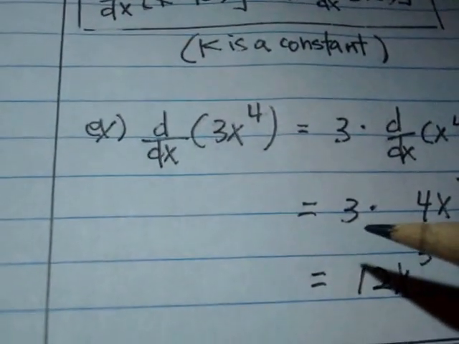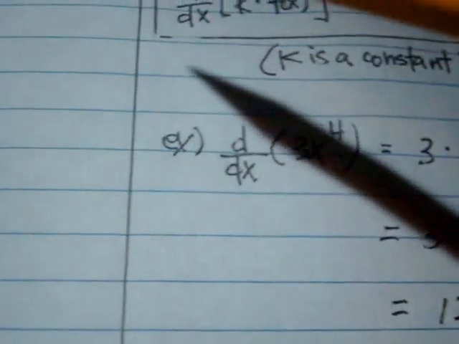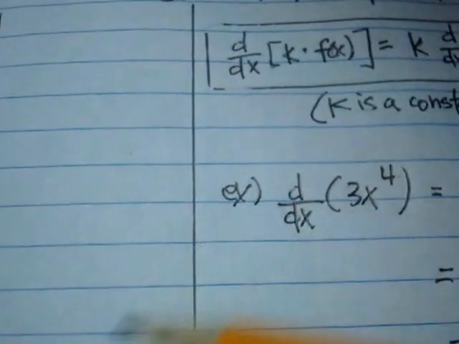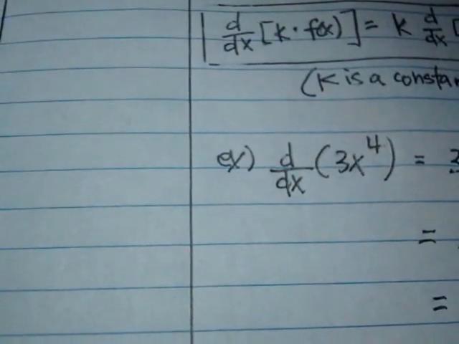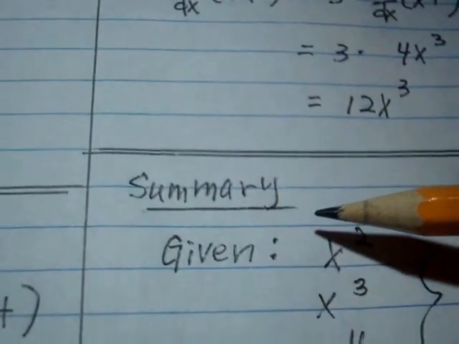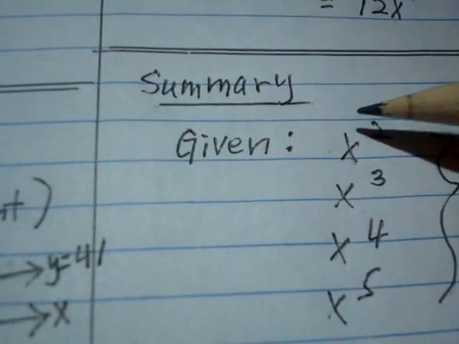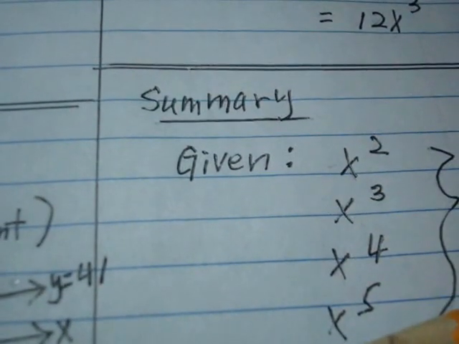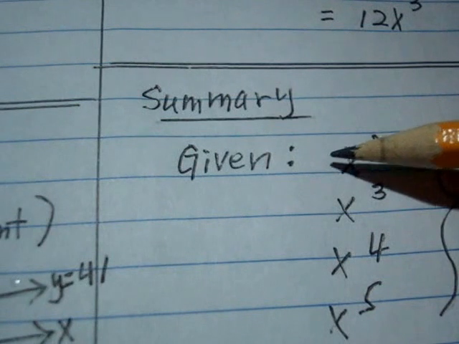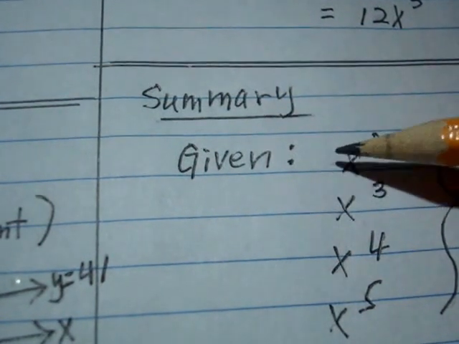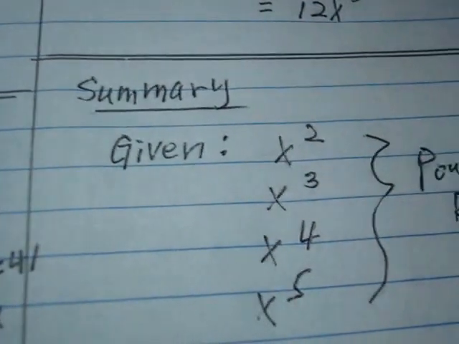So in summary, how do you know which rule to use: the power rule, the constant multiple rule, or the constant rule? Let's say you are given this problem. They ask you to find a derivative of it. You have to recognize that the number in front of the variable is 1. That means you can use the power rule.